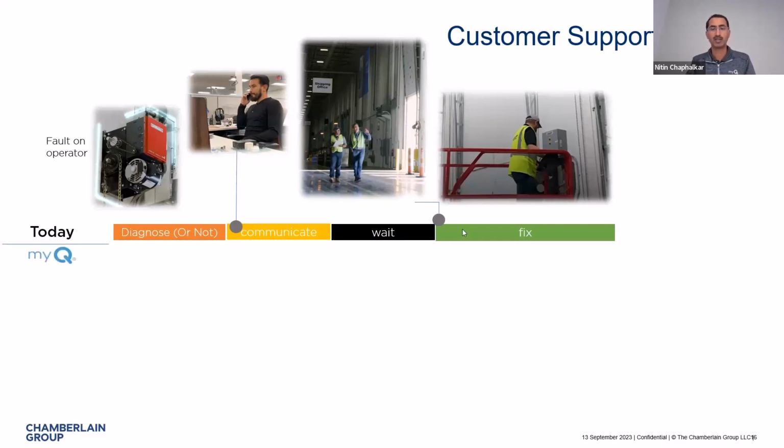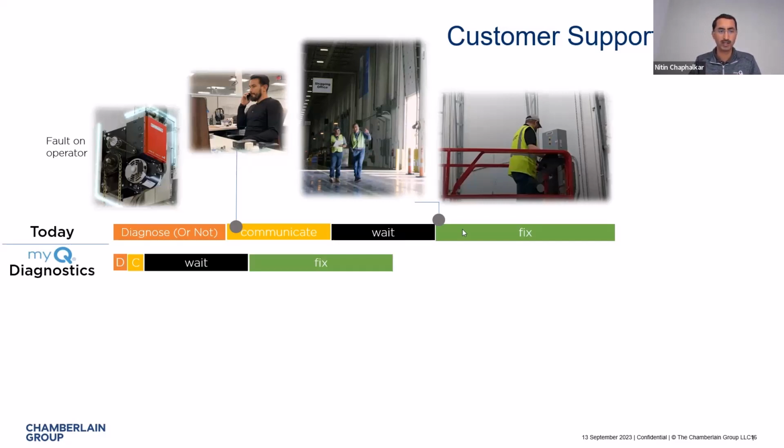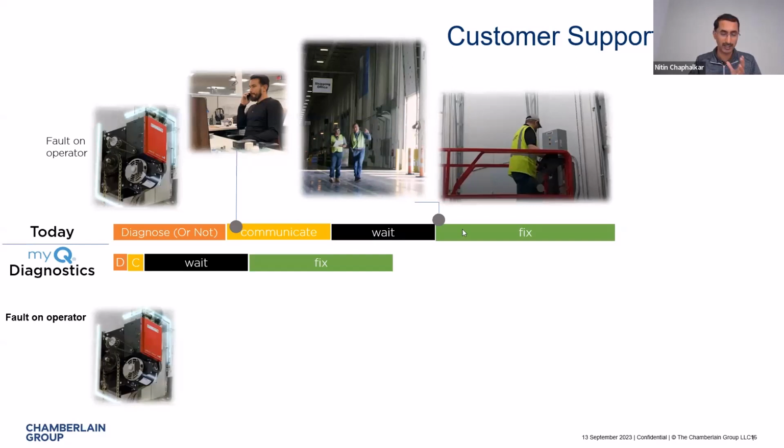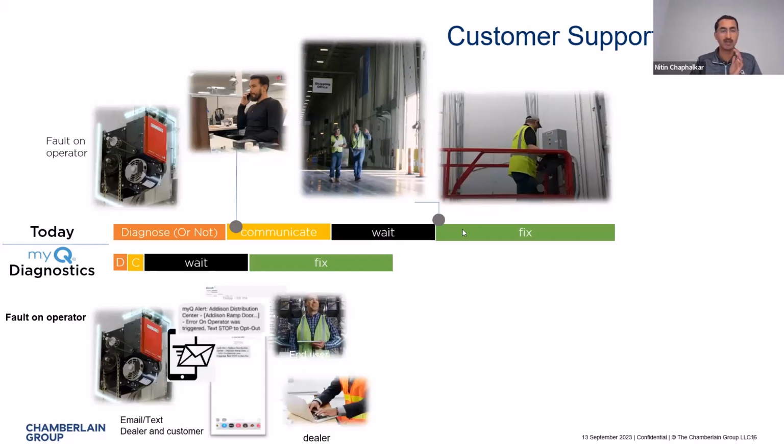Well, what MyQ Diagnostics is going to do is that whenever there is a fault on a connected operator, it's going to immediately send an email and a text message to the end user as well as to the dealer.